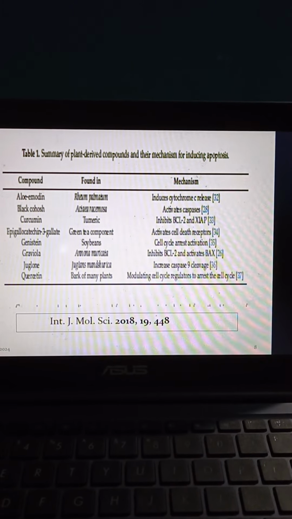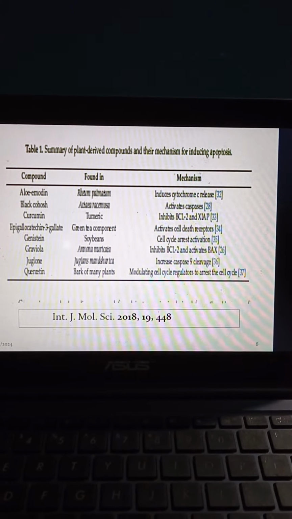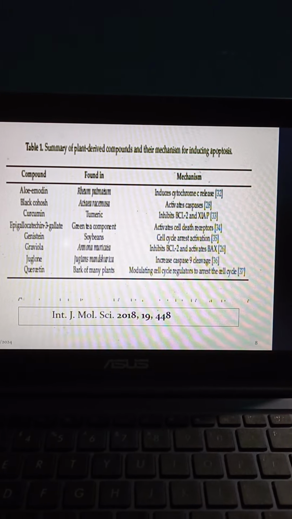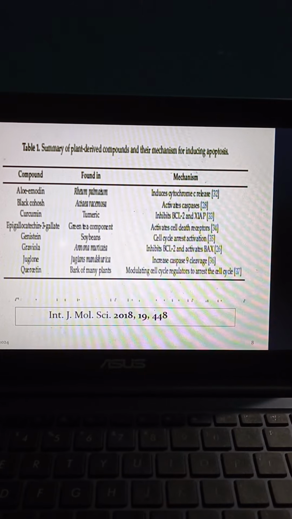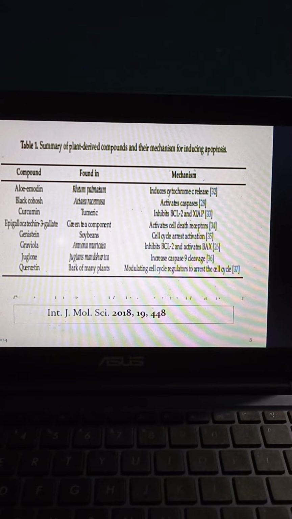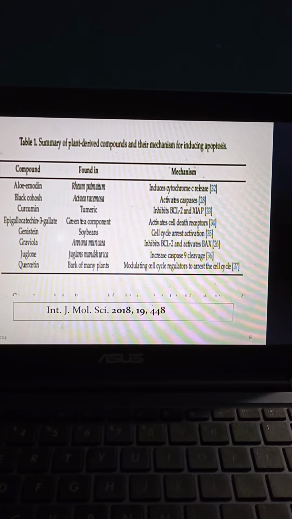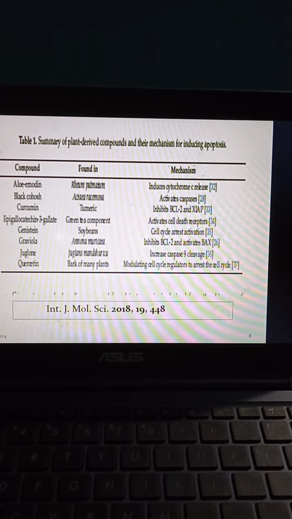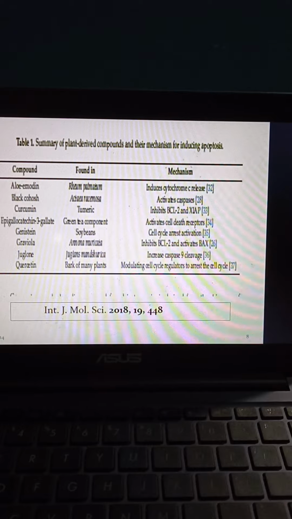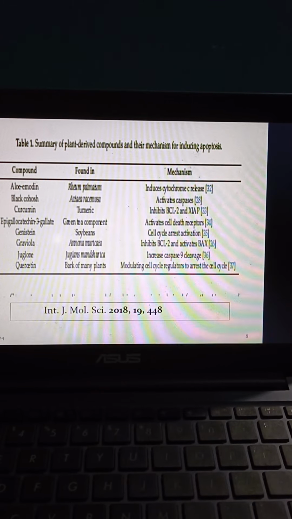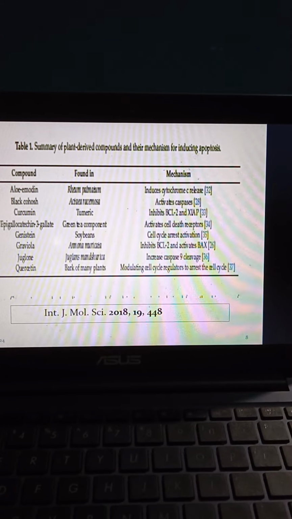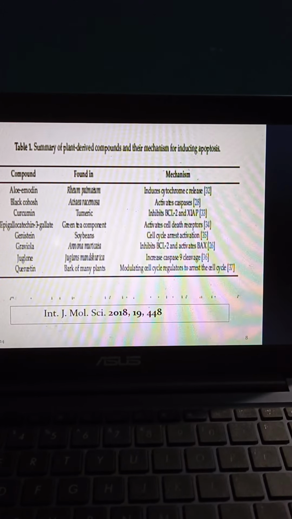So this is a table showing a summary of plant-derived compounds and their mechanisms for inducing apoptosis. Aloe-emodin, found in Rheum palmatum, induces cytochrome C release, and black cohosh, Actaea racemosa, will activate caspases. Curcumin, found in turmeric, inhibits BCL2 and XIAP, and genistein from soybeans causes cell cycle arrest.